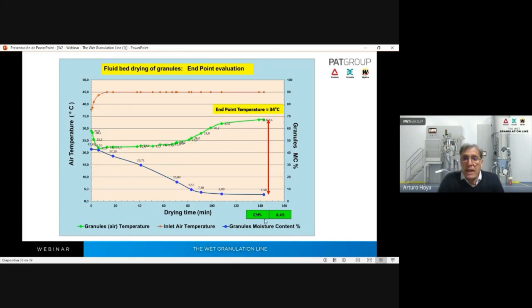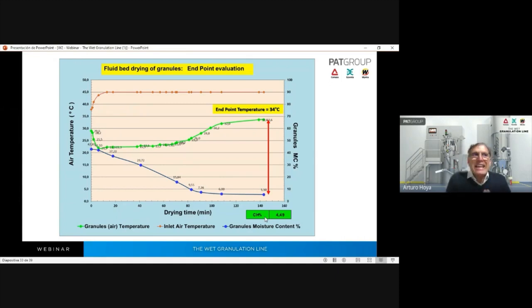stops the process of drying. We took a sample and controlled LOD in a thermoscale and obtained a very similar content. So it's possible to determine the typical endpoint temperature for each formulation. This is very important.